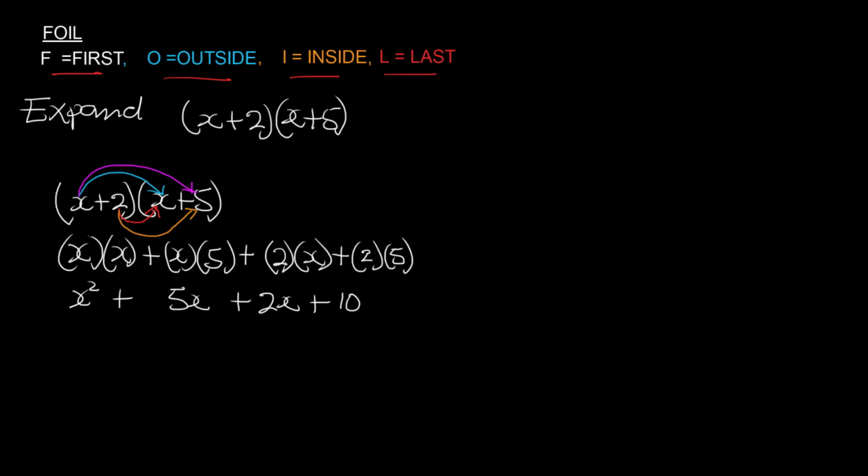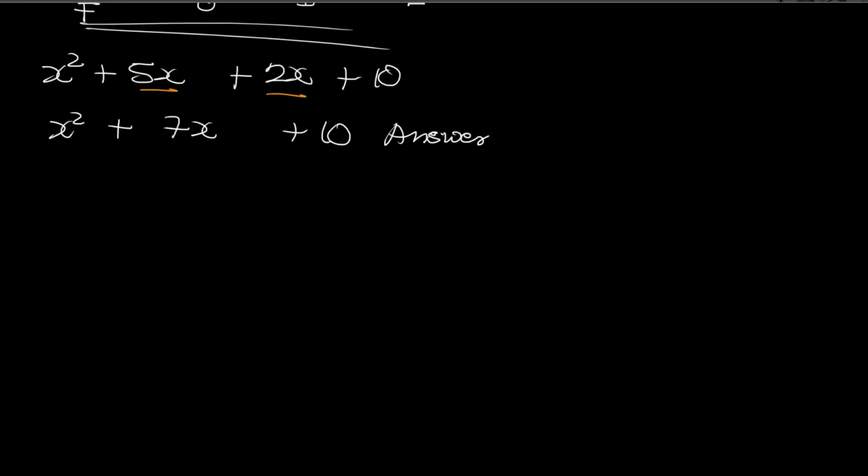Now we group like terms. We have x squared, 5x plus 2x are like terms, so we add them to get 7x plus 10. This is our answer. If we are given to expand (3x plus 3) and (x minus 2)... sorry, (x plus 3) and (x minus 2), we use the same approach, FOIL.